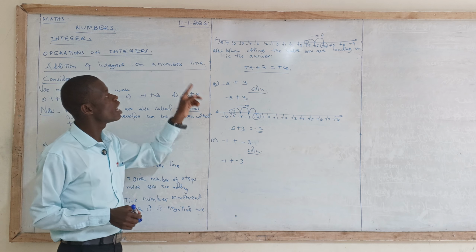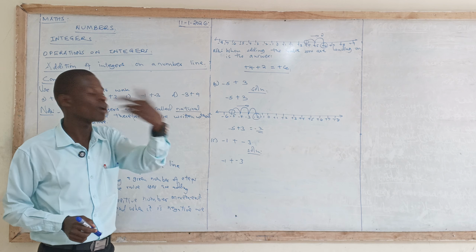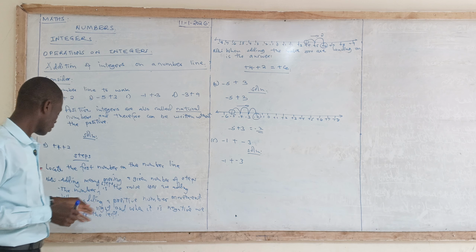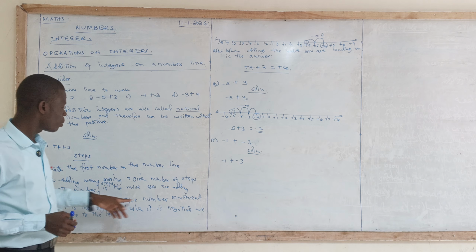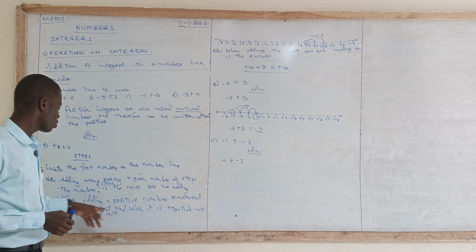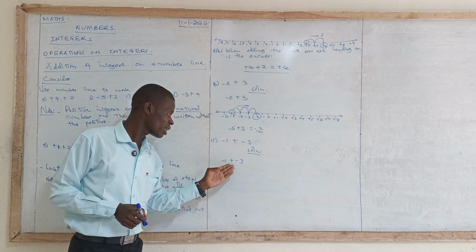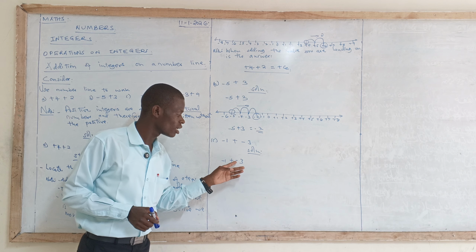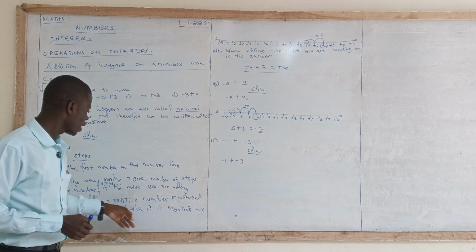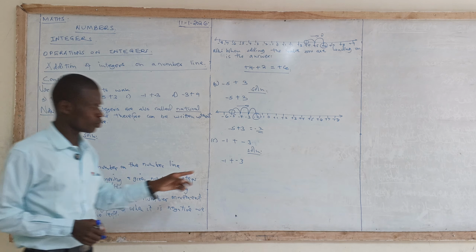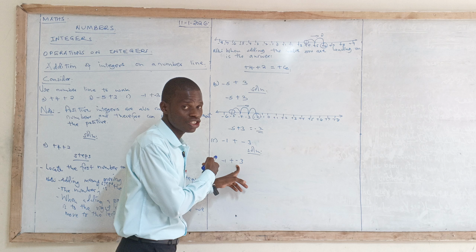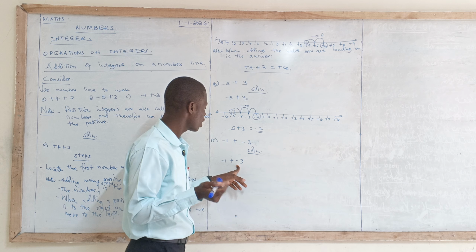We say that the number of steps is the number you are adding. When I'm adding a positive number, movement is to the right. Am I adding a positive number here? I'm adding negative 3, a negative number. So when it is negative, we move to the left. So the direction will change only.